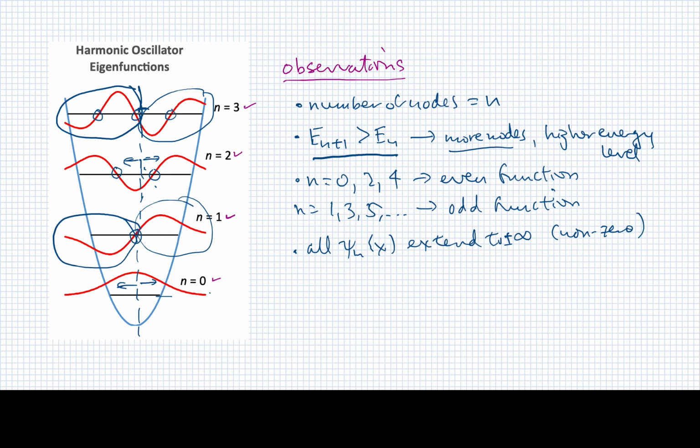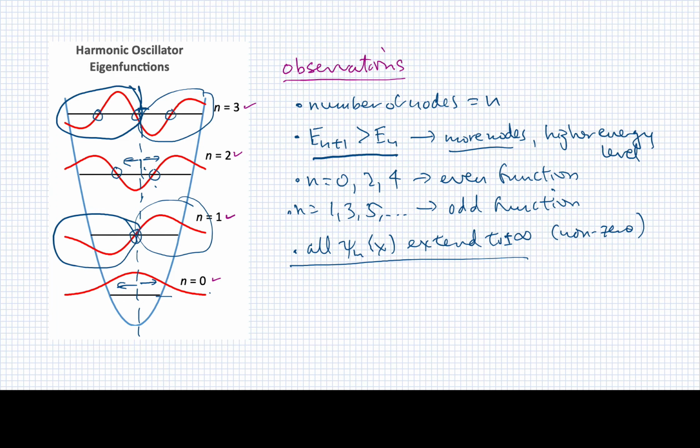They asymptotically approach 0 as they go to infinity, but they never quite get there. Again, this is a feature that is true of many quantum mechanical systems, especially those that do not have an infinite potential. We saw that in the case of the particle in a box, those functions did go to 0 at the edges of the box, but that was only because the potential was infinite there.